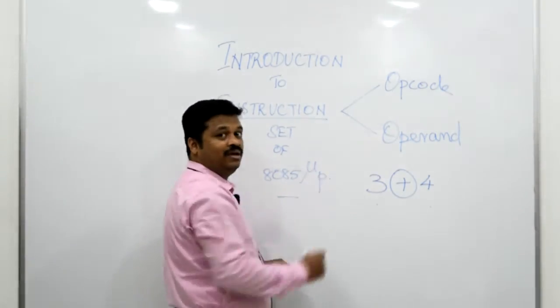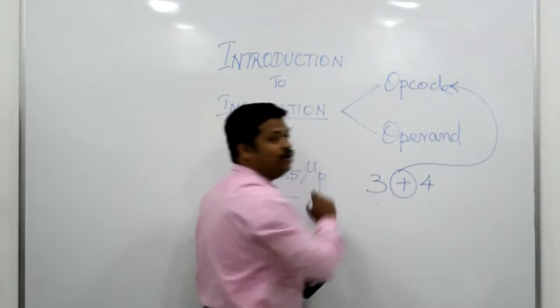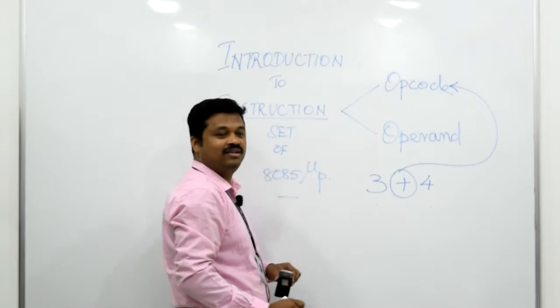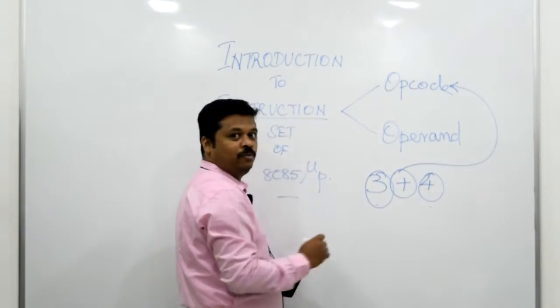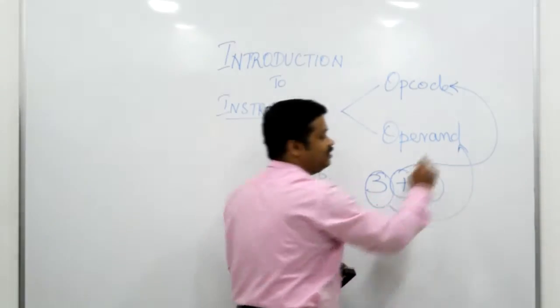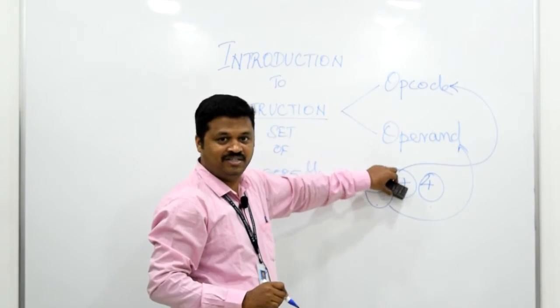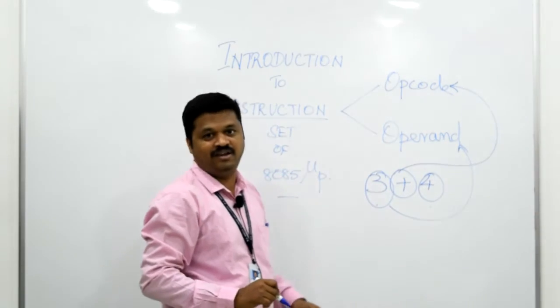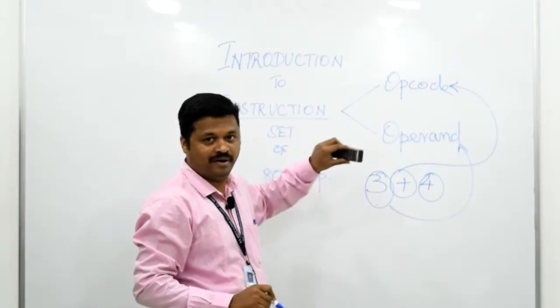Now we will merge with the opcode and operand. The task to be performed is called opcode, so addition is the task. The data to be operated on, that is 3 and 4, is called the operand. Very clear? The task to be done is addition. The data to be operated on is 3 and 4. Now every instruction will have an opcode and an operand.